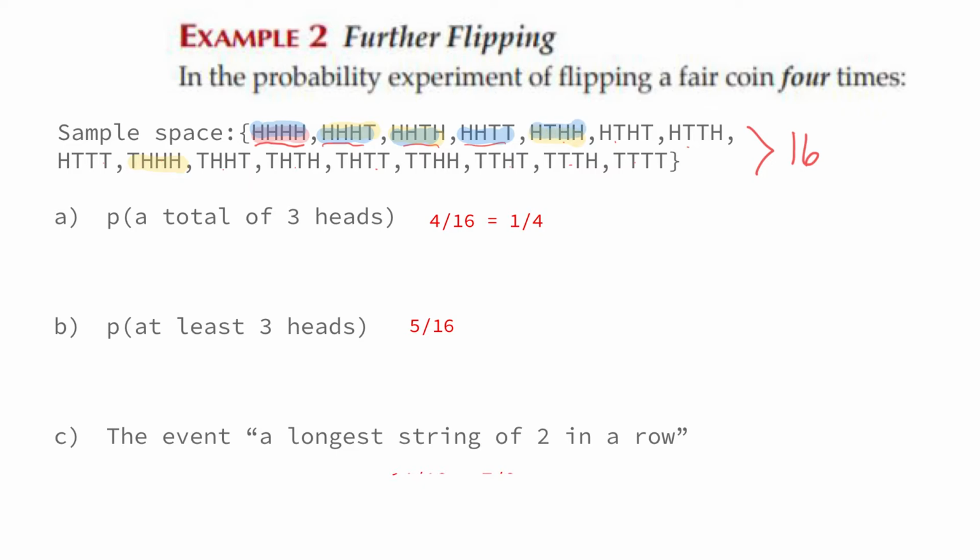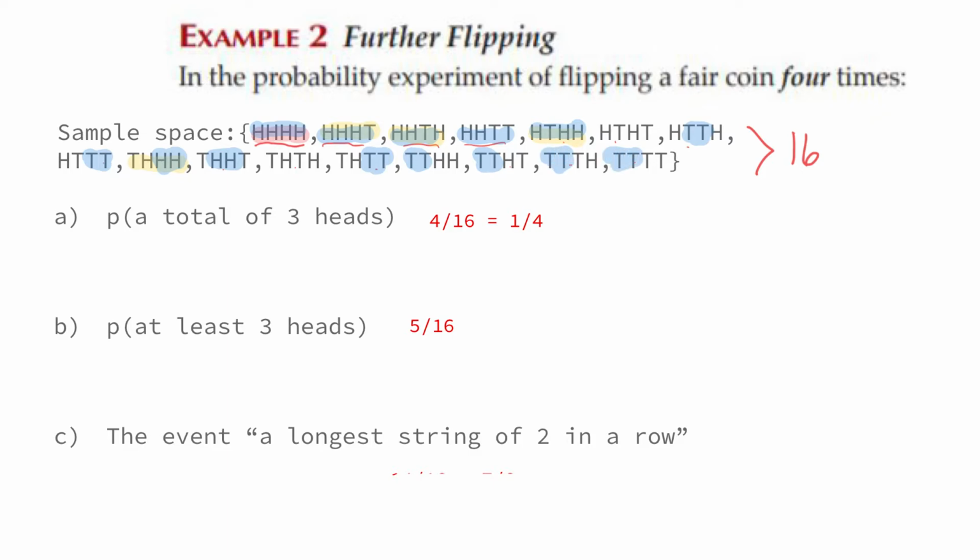This one does not have 2 in a row. This one has 2 in a row with the tails. 2 in a row here, 2 in a row here, 2 in a row here, not 2 in a row, 2 in a row here, 2 in a row here, here, here, or here.